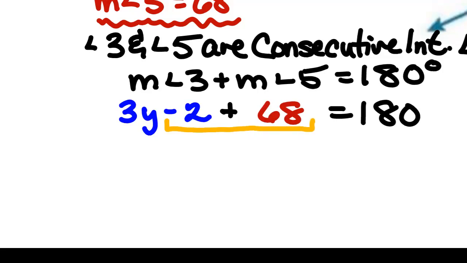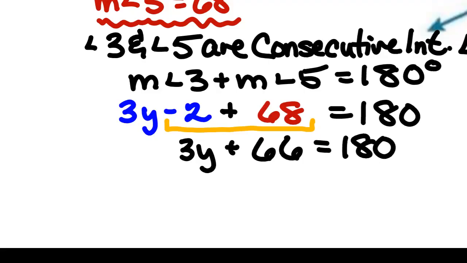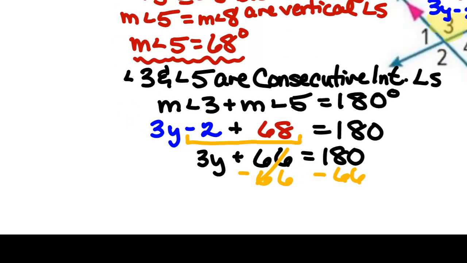Yep, we're going to combine these like terms together right here. What is negative 2 plus 68? Yep, 66. So 3y plus 66 equals 180. Then I'm going to subtract 66 from both sides. What is 180 minus 66?